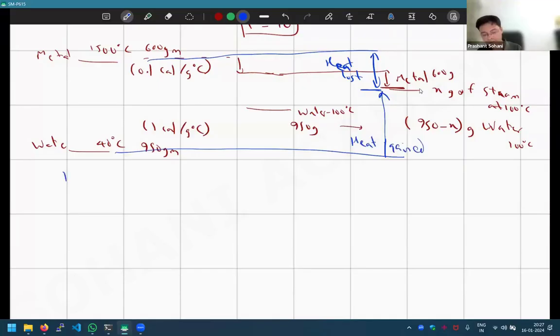So to be specific, heat lost by the metal has to be equal to heat gained by water plus steam.